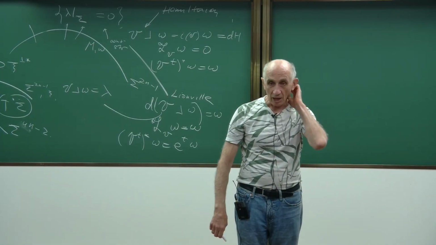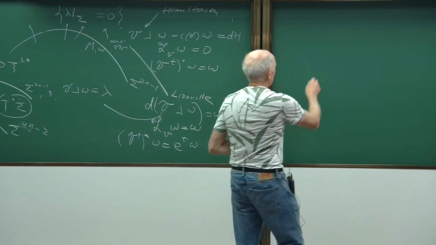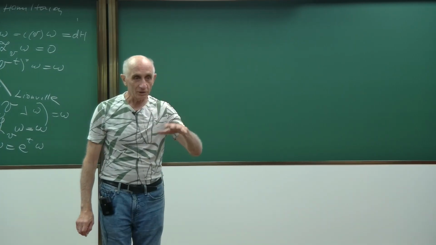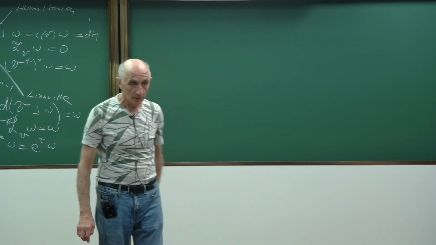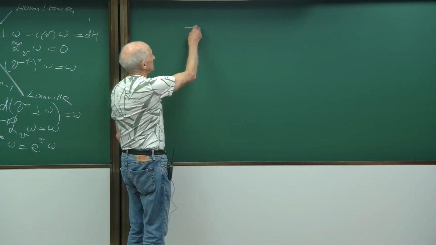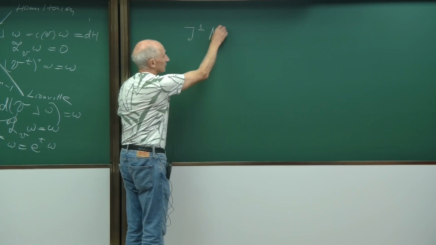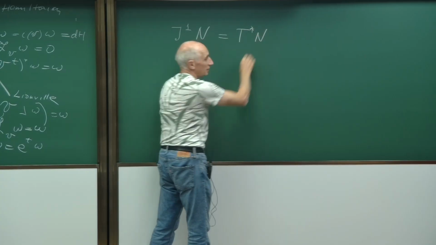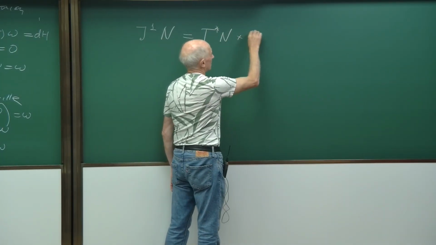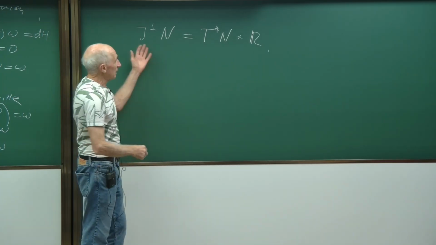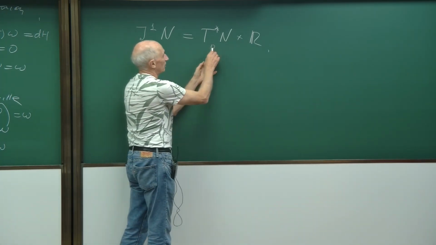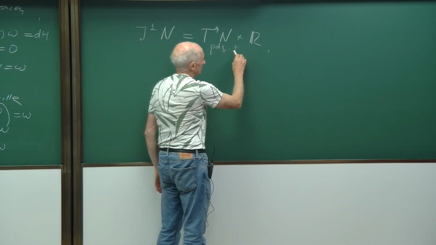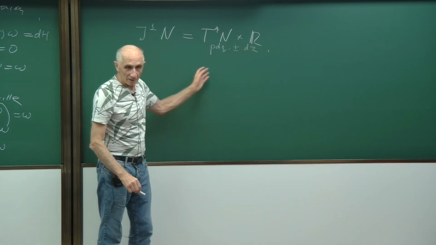So in particular, there are two important contact manifolds with which we want to work. One of these contact manifolds is what is called the one-jet bundle of N. You can think that this is nothing else but the cotangent bundle times R. You take this, and if you have the canonical form p dq there, you consider the contact structure, plus or minus depending on convention, of this form.